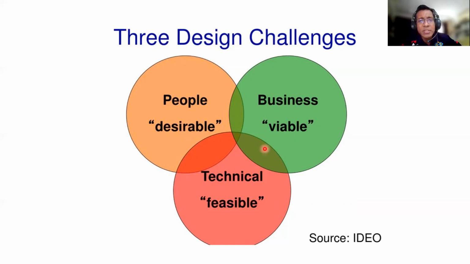And then business viability: the company vision and mission, in terms of their budget and business strategies. If it does not fit the company's vision and mission, we cannot produce the design part using ID, because ID design also needs a budget and cost to visualize that part.